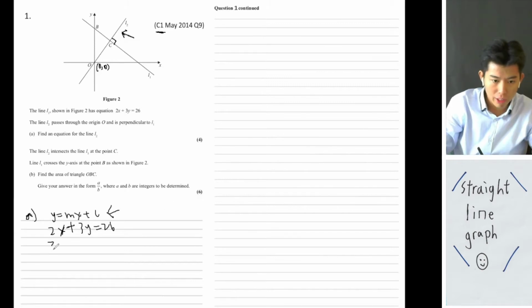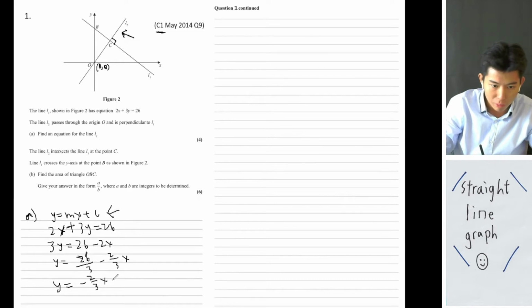From there, 3y equals 26 minus 2x, because I just subtract 2x from both sides. And y would be equal to 26 over 3 minus 2 over 3x. Now pretty obvious, y equals minus 2 over 3x plus 26 over 3.